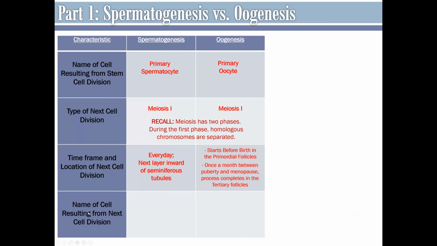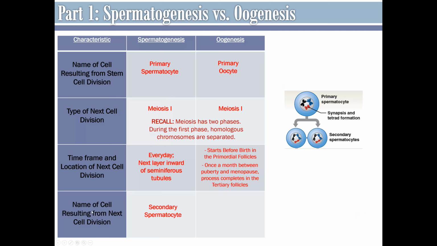And the name of the cell resulting from the next cell division is a secondary spermatocyte in males. So the primary spermatocyte undergoes meiosis 1 to make 2 secondary spermatocytes, and in females it'll be a secondary oocyte. So the primary oocyte will undergo meiosis 1 to make a secondary oocyte and a polar body.